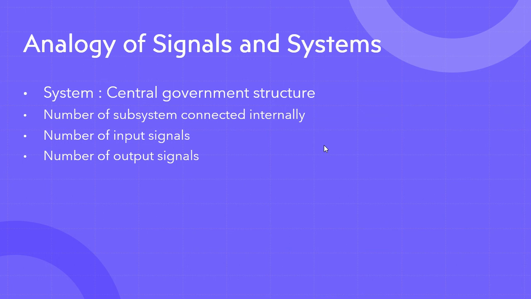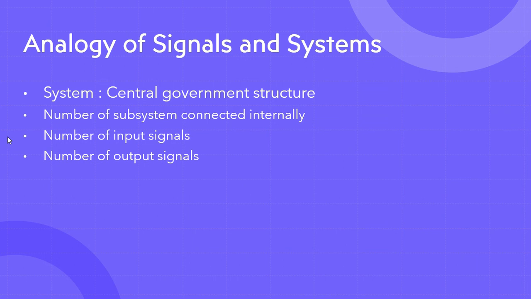Welfare programs, planning, law and order, elections, business policies, defense policies. All this will be the outputs of that system. So based on this central government model, you can understand the analogy of signals and systems.